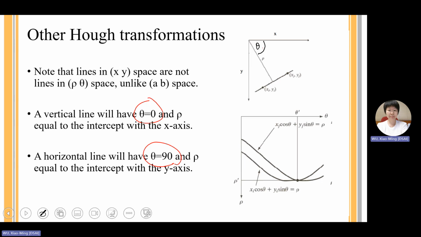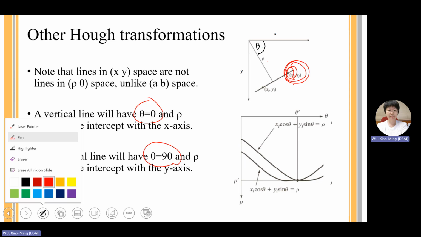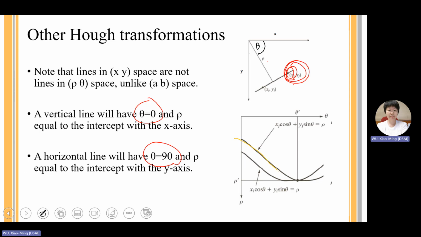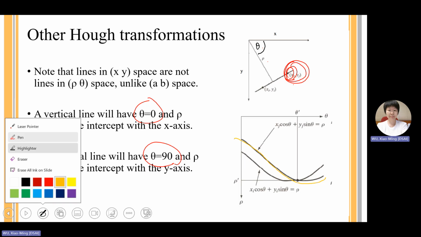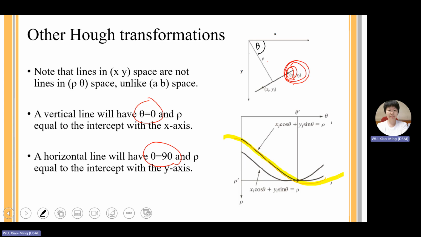It also has 2 parameters, theta and rho. And similarly, a point in the original space, xj yj, corresponds to a curve in the rho theta space. This point, xj yj, corresponds to this curve in the rho theta space.